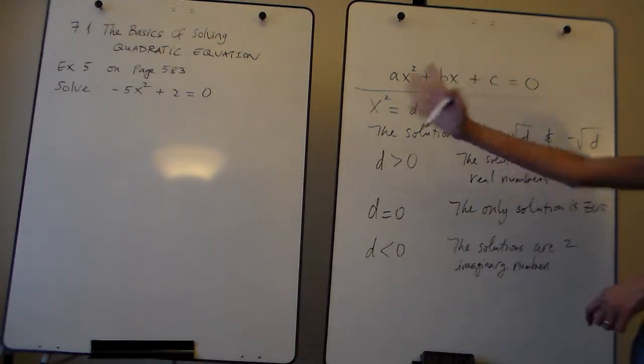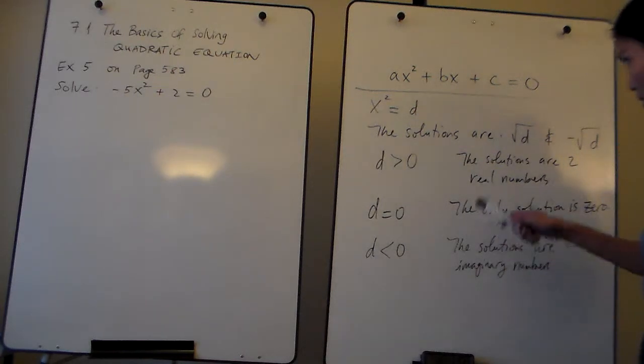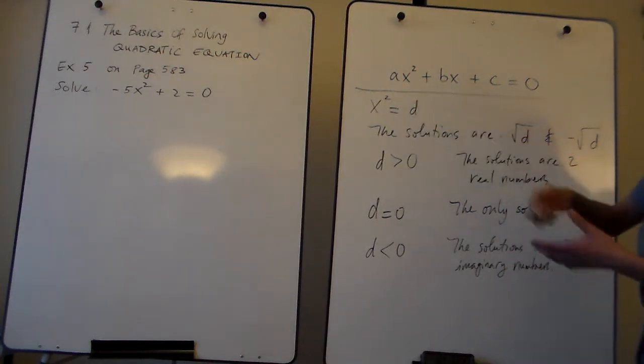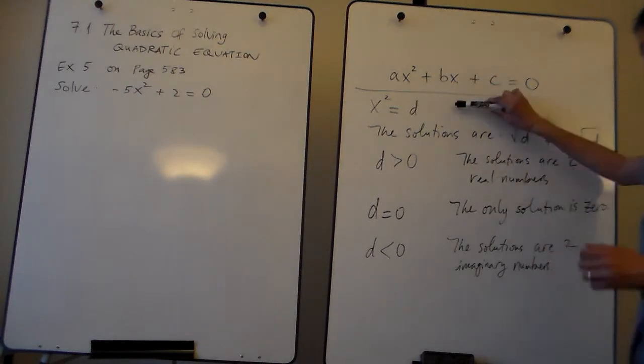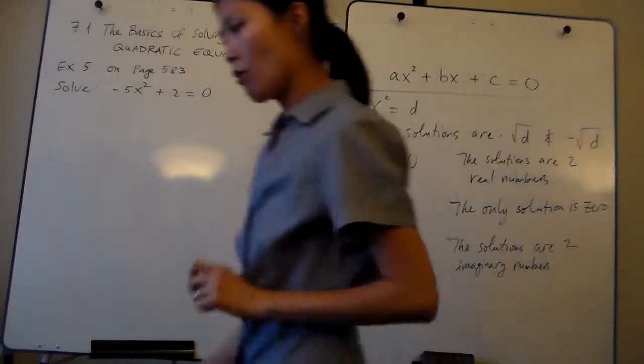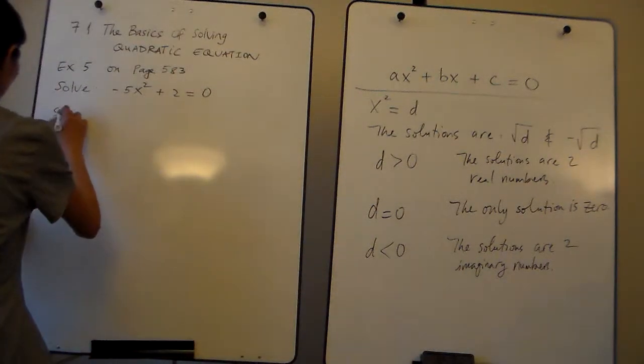Alright, we're going to solve this equation. Just notice that this equation has a form where there's no term with x, so you're going to use what is called the principle of square roots.